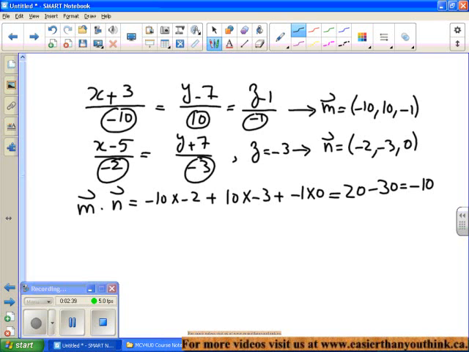But we also know that m dot n is the magnitude of m times the magnitude of n times the cos of the angle between them.